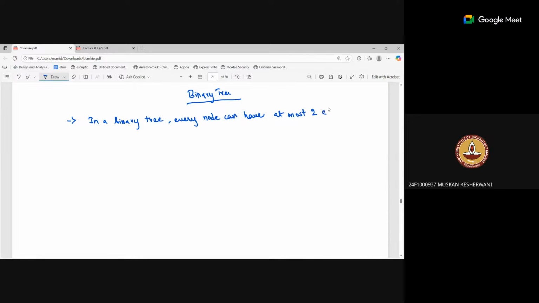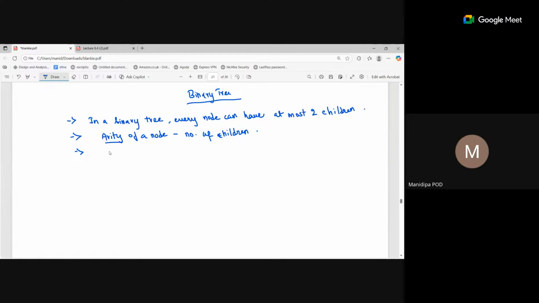Okay, that's the first point. Now there is a term called arity. What is arity of a node? Arity is the number of children that the node has, right? Yes. Okay. Number of children.